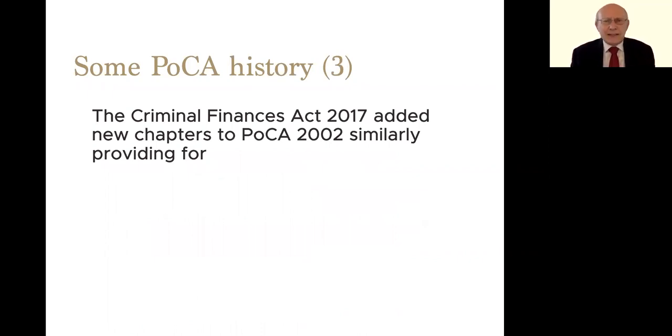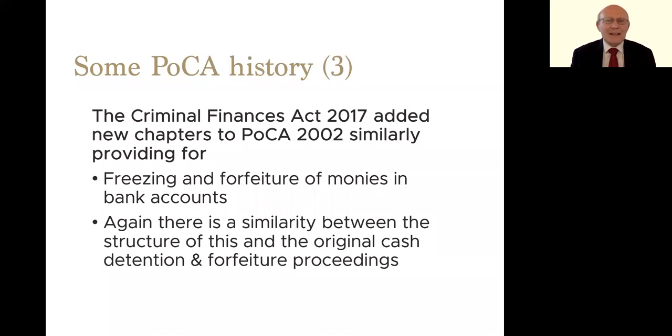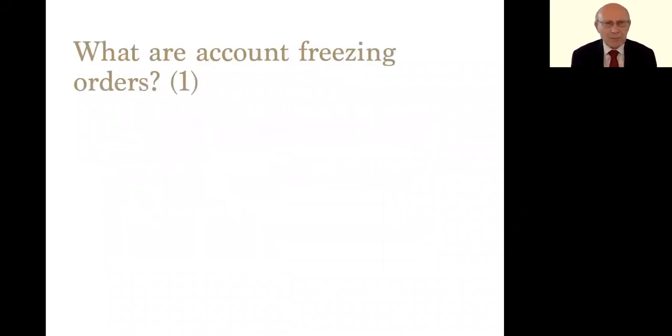But the Criminal Finances Act 2017 went further, and it dealt with the freezing and forfeiture of monies in bank accounts. Now, of course, these are not a physical asset. But again, there's a similarity between the structure of this and the original cash detention and forfeiture proceedings.